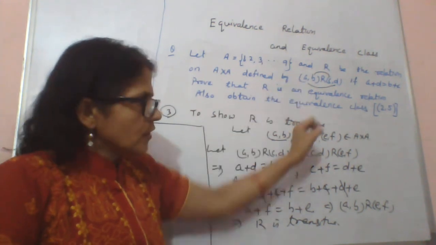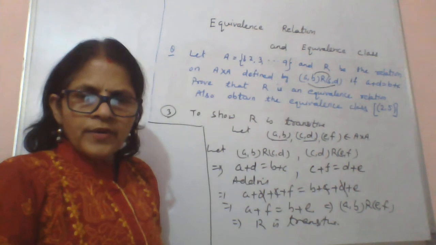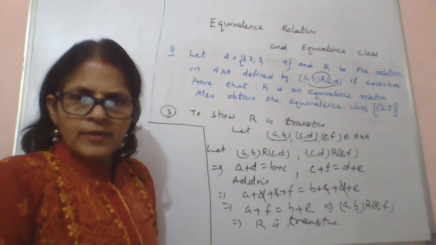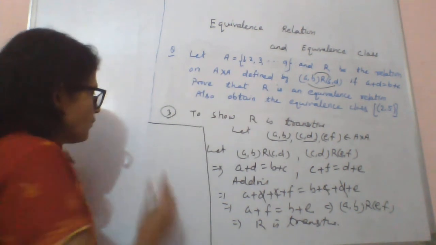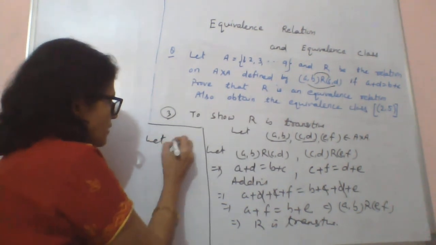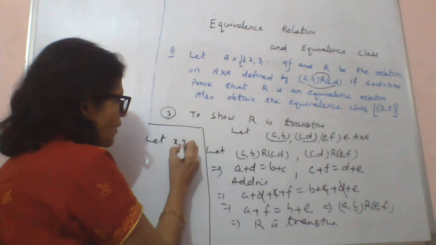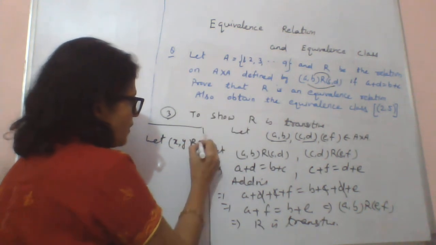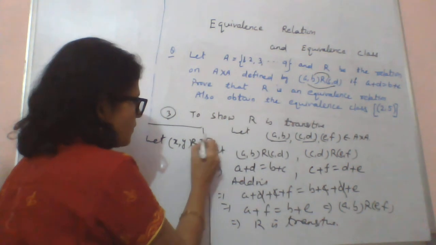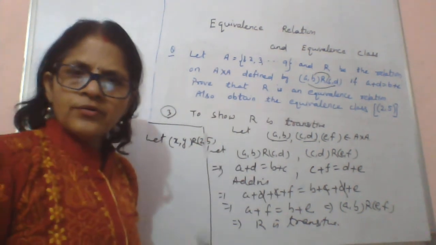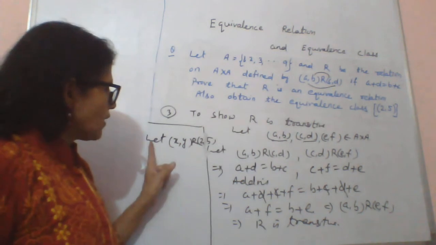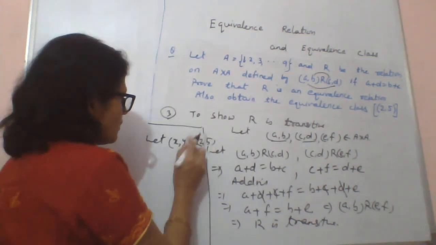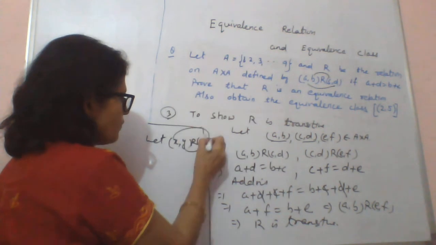So if we keep on searching which ordered pair will be related to (2, 5), it will be time consuming. So what we do here, we start like this. Let (X, Y) R (2, 5). It means that the unknown ordered pair we are taking as (X, Y), right?